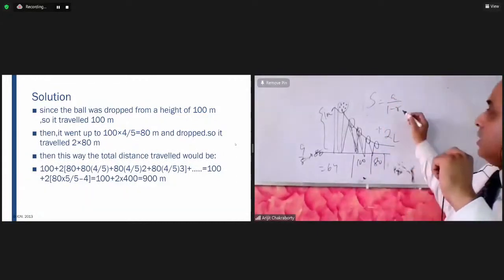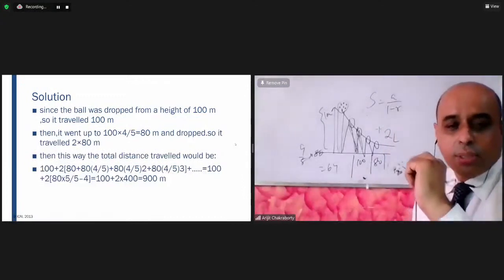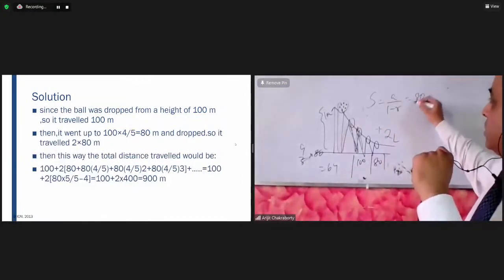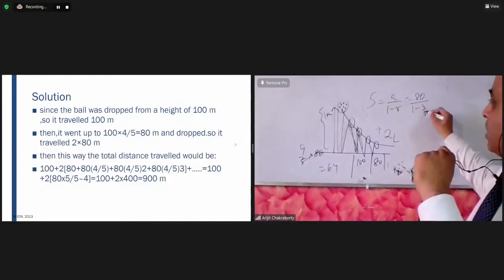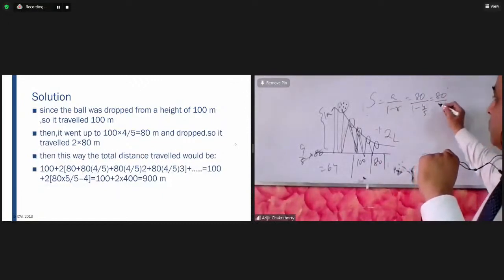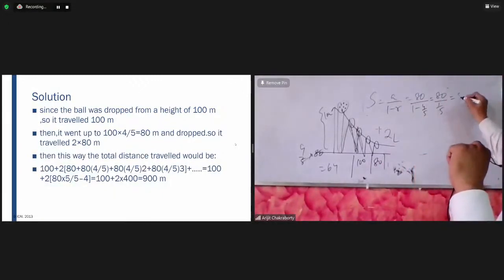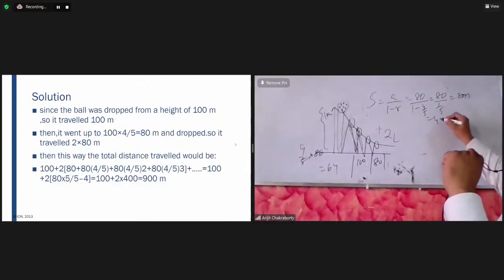And here we can see R is 4/5. So I can put it like this, 80 divided by 1 minus 4/5. That means 80 divided by 1/5, that is 80 into 5, that is 400.